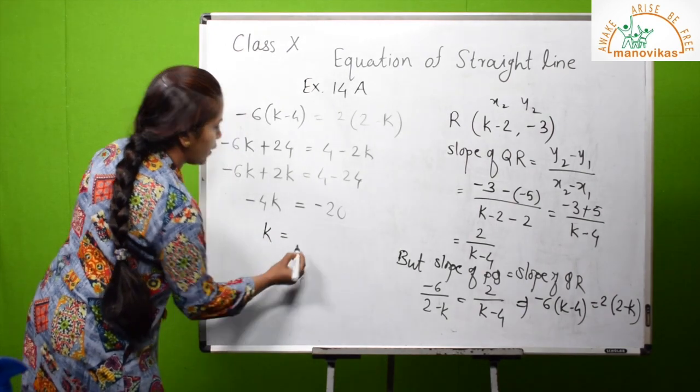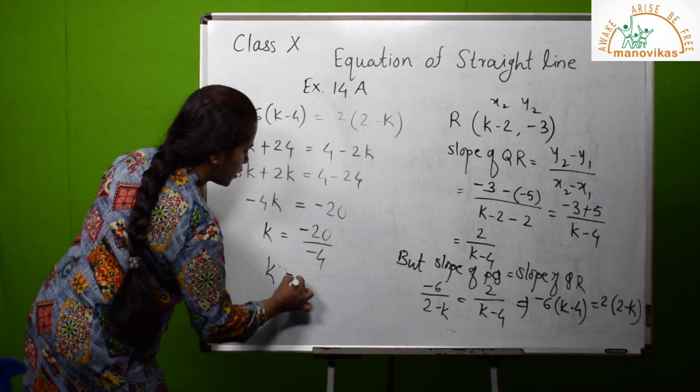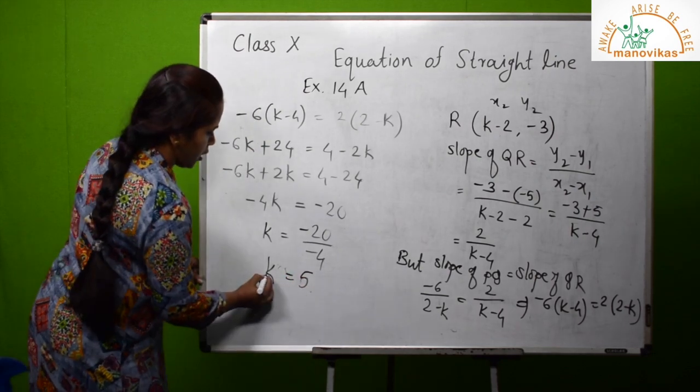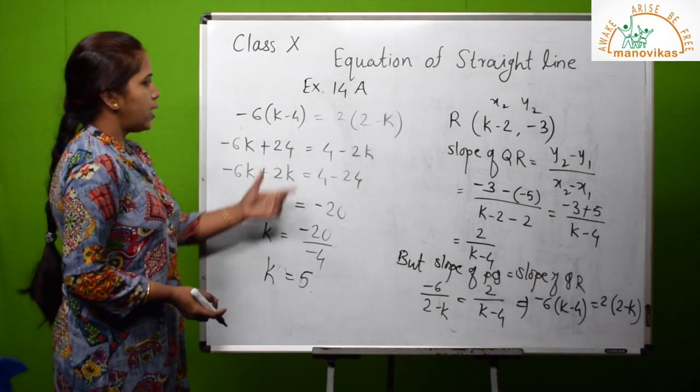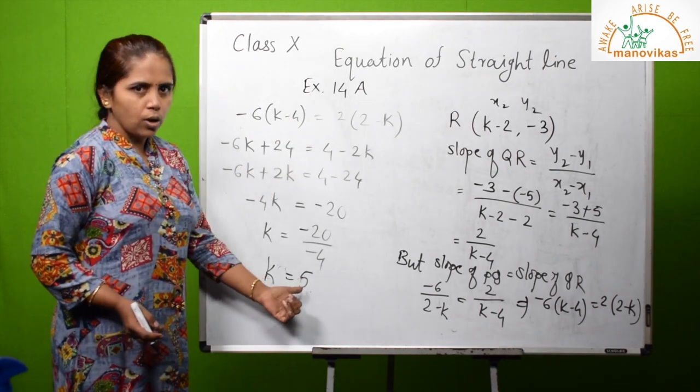So k is equal to minus 20 upon minus 4, that is k is equal to 5. This is the value of k which is unknown. k is equal to 5.